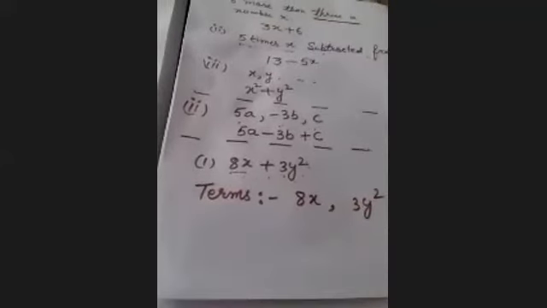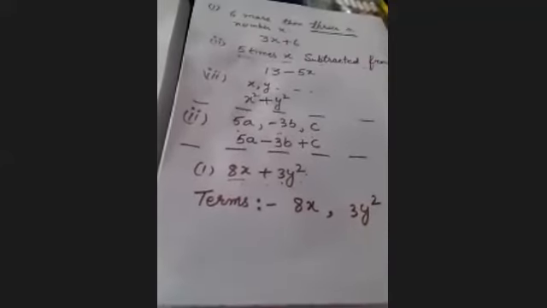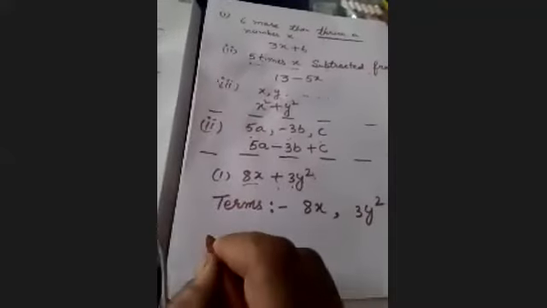In this algebraic expression we have two terms, 8x and 3y square. Now find what are factors.